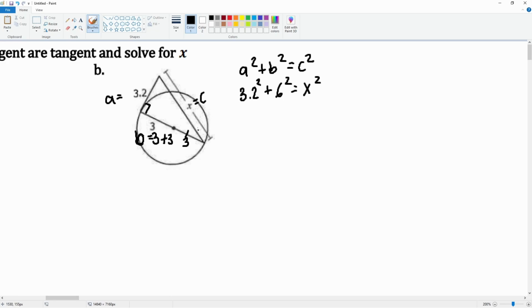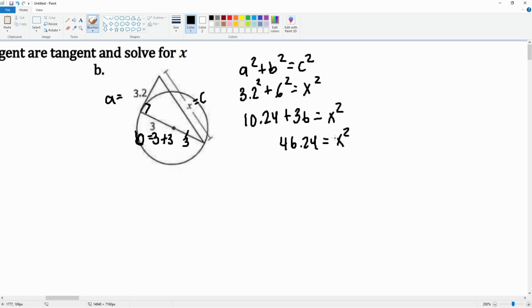All right. So here we have 3.2 squared. So 3.2 squared is 10.24, plus 36 is equal to x squared. So this is 46.24 is equal to x squared.